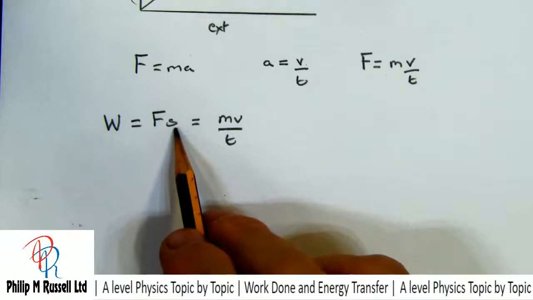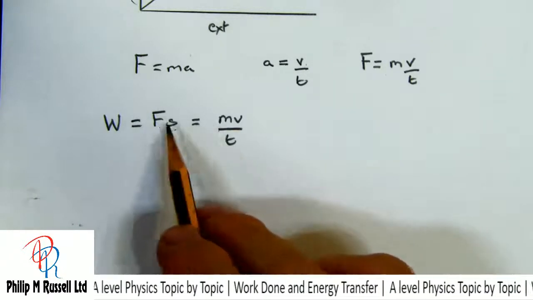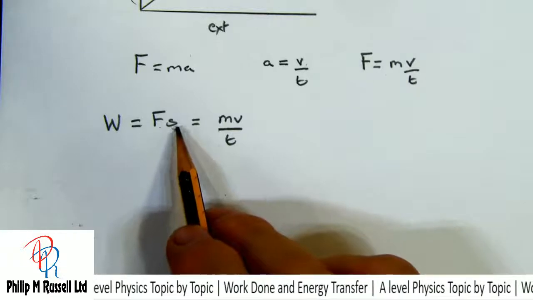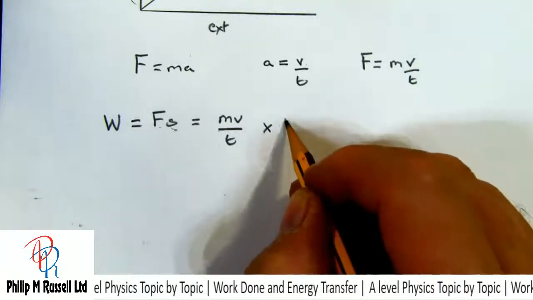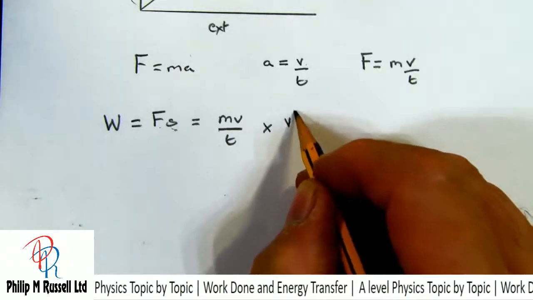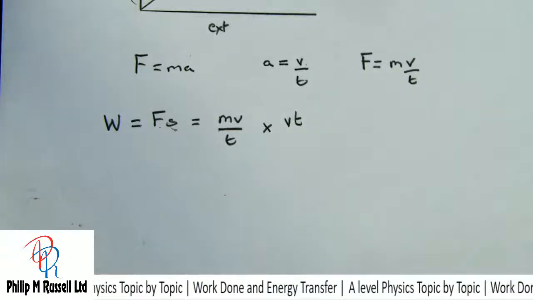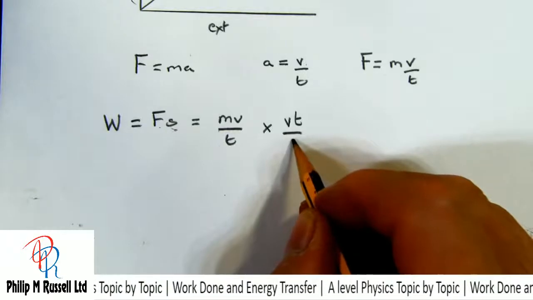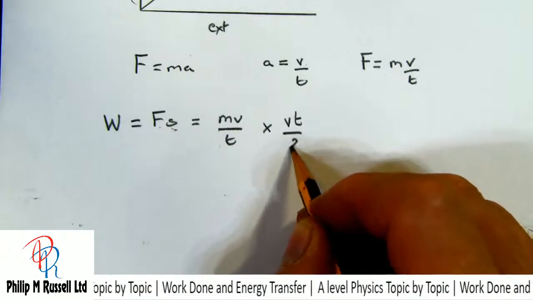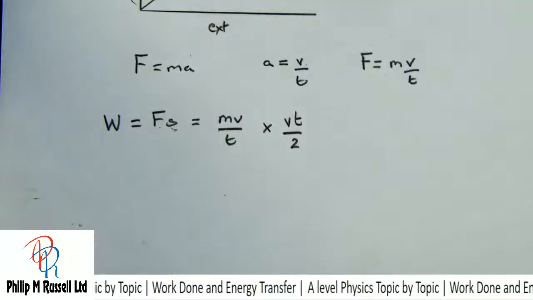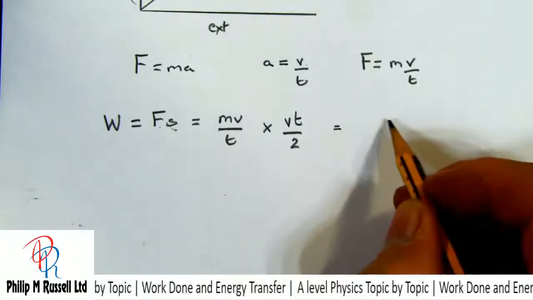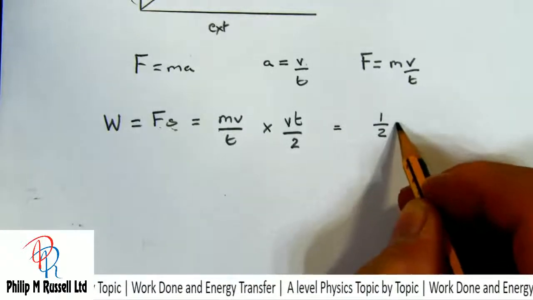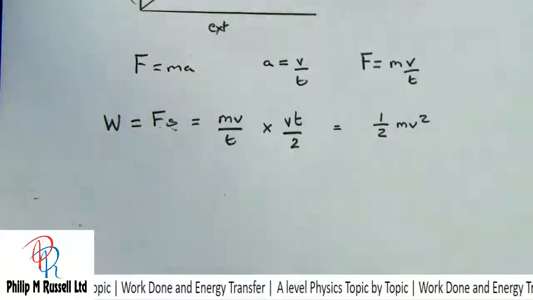What's my distance? I know there's my force. How could I work out my distance? Well, that's going to be my velocity times my time divided by 2. And if we put that together, it gives us a half m v squared.